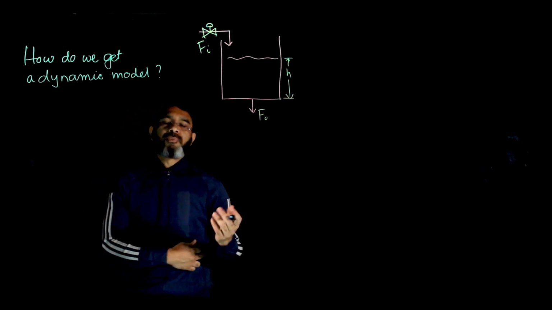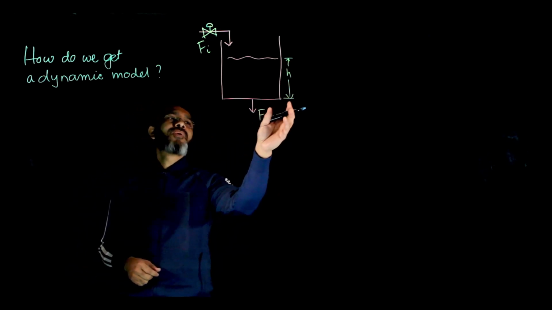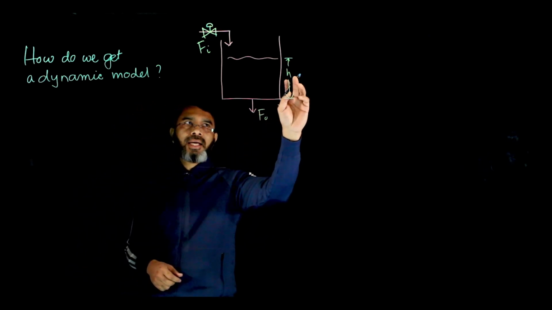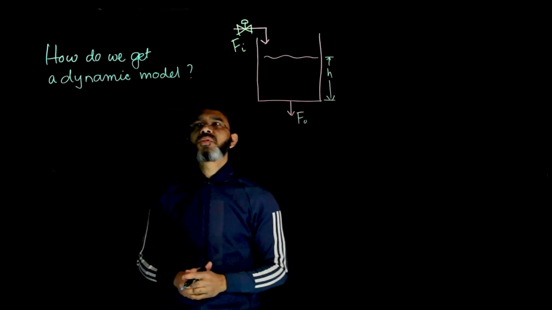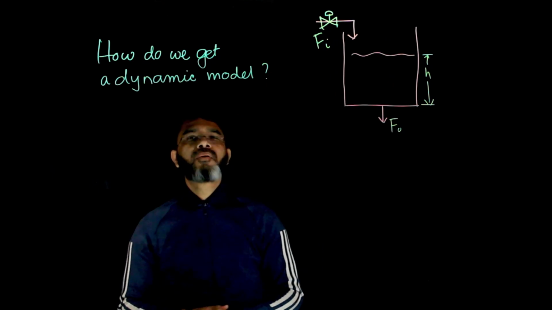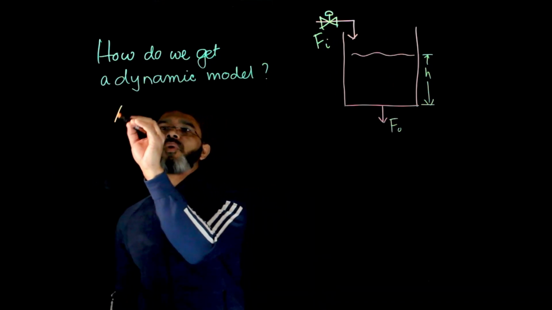Now how to get a dynamic model? We'll take the example of a simple tank process where we're going to find a model relating the level of liquid in the tank to the inlet flow to the tank. For this case, we can start with writing the conservation principles. That's our approach 1.